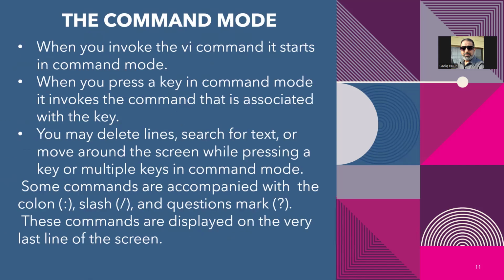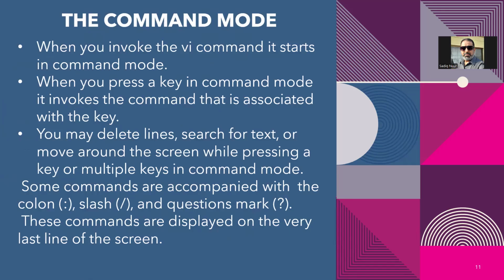So, the command mode. When you invoke the VI command, it starts in command mode. So whenever you start VI, it always invokes the command mode. When you press a key in command mode, it invokes the command that is associated with the key. You might delete a line, search for text, or move around the screen by pressing a key or multiple keys in command mode.